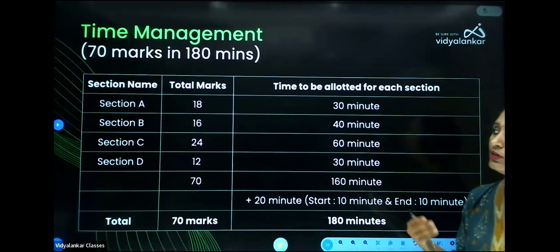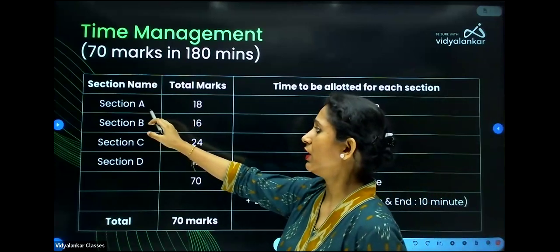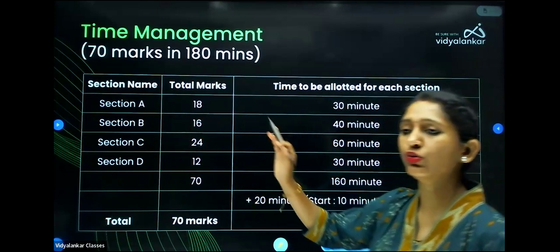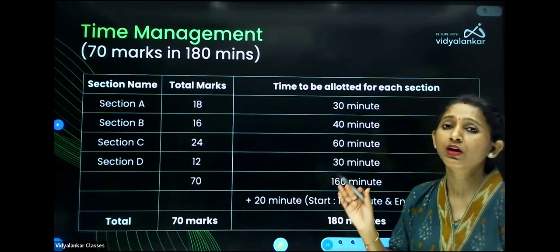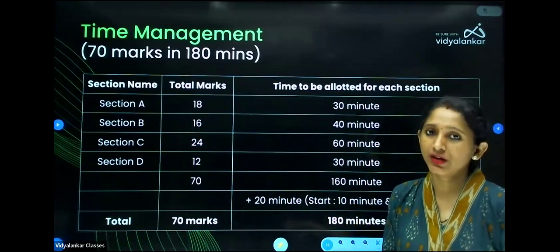Basically, as I said, section A is a compulsory section of 18 marks, containing MCQs and very short answers, where you are expected to write your answer in one word or one sentence.